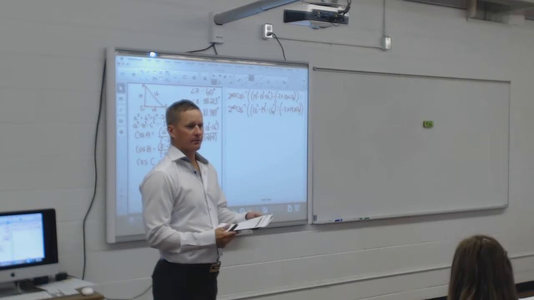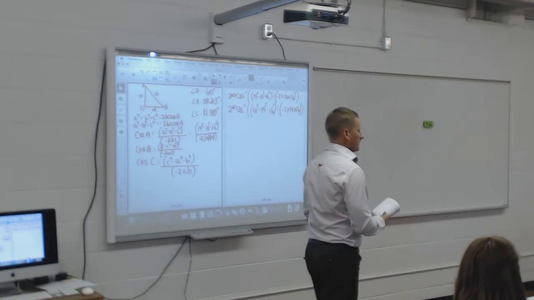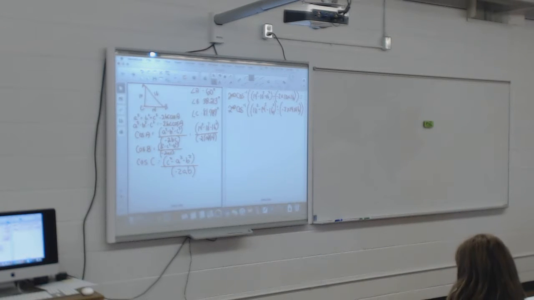Okay, second function cos, bracket, bracket. And this one will be C squared. So 16 squared minus 10 squared minus 14 squared, right?